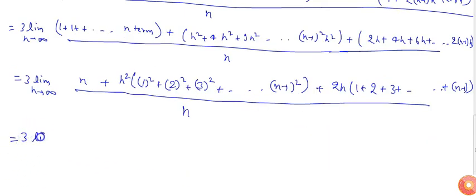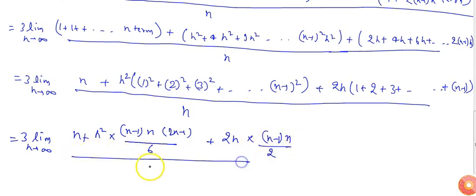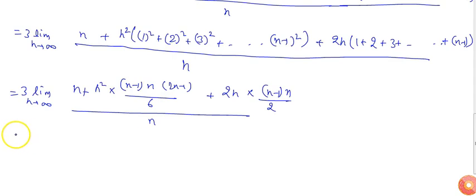So I have 3 limit n tends to infinity of n plus h square, the sum of squares of the natural numbers, which is (n minus 1) n (2n minus 1) divided by 6, and the sum of the natural numbers, which will be (n minus 1) n by 2, divided by n.